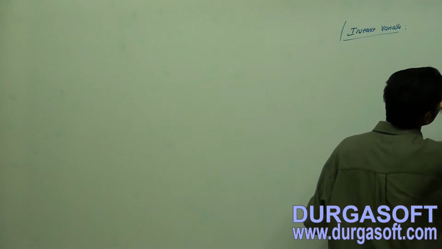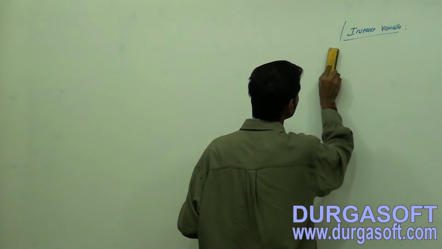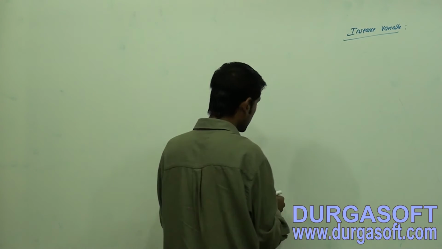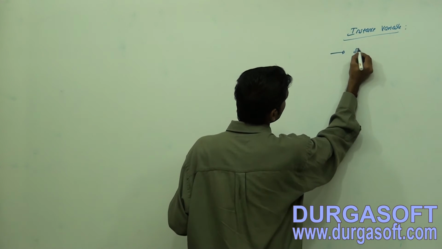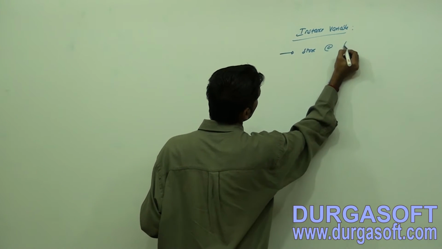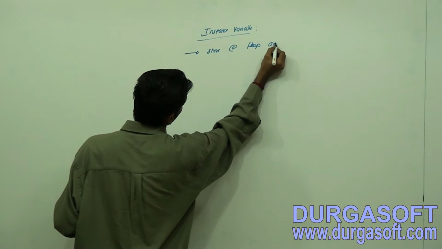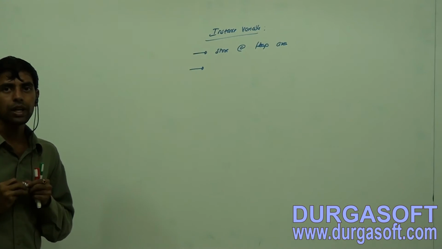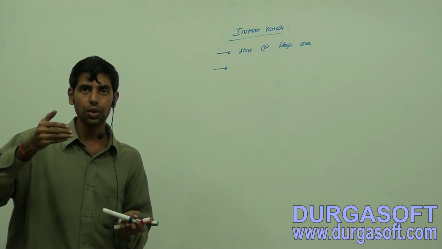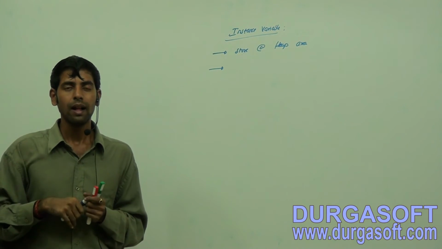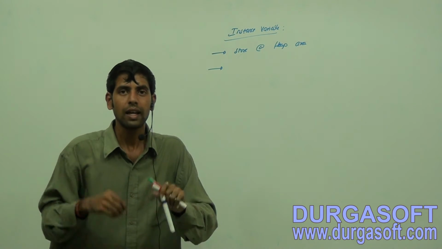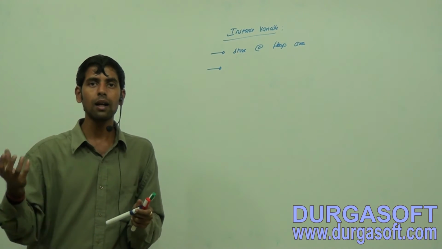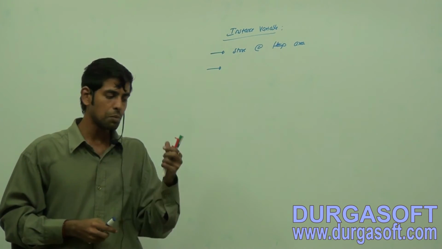Now observe here. These variables get stored in the heap area. Good, fine. When do these variables get created in memory, and when do they get destroyed from the memory area? Simple thing.